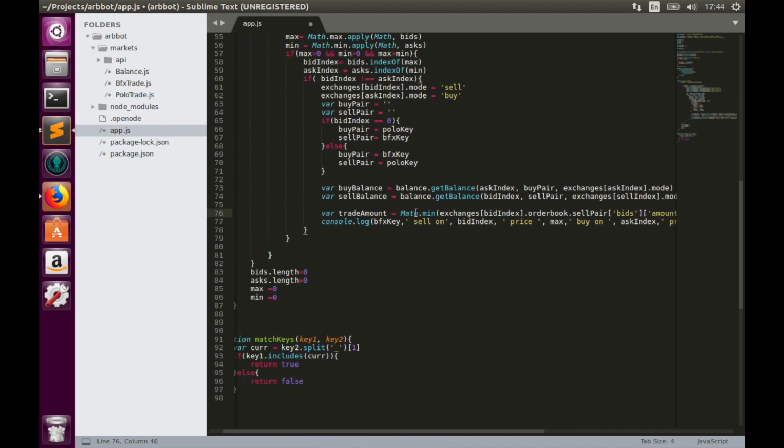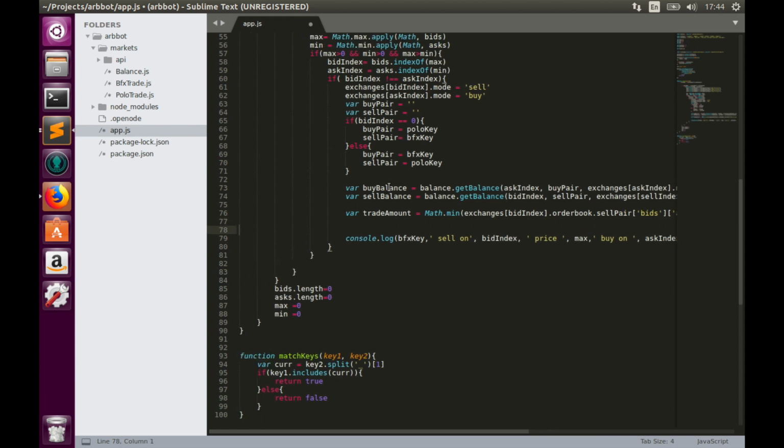Now we can check whether our balance is sufficient for this trade amount. But before we do that, we also need to compare buy balance and sell balance. So let's create another variable and call it limit balance. And this variable equals Math.min value between sell balance and buy balance divided by lowest ask price.